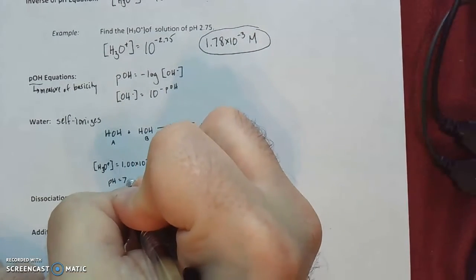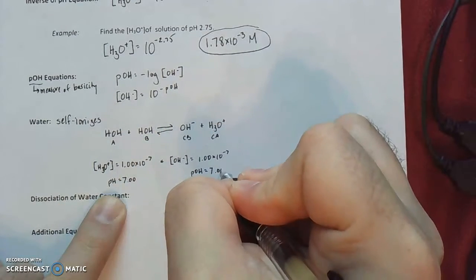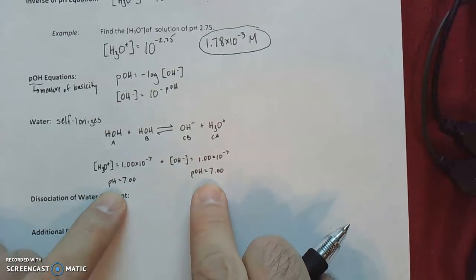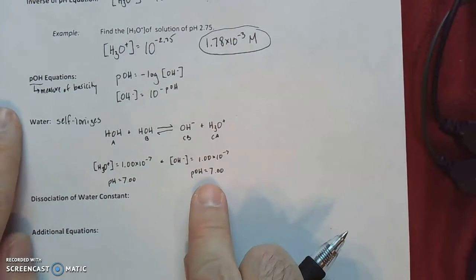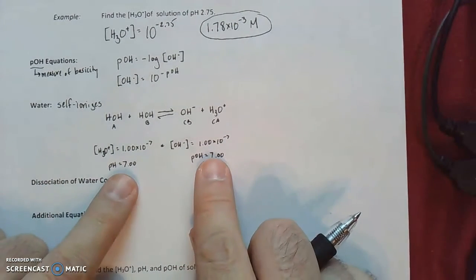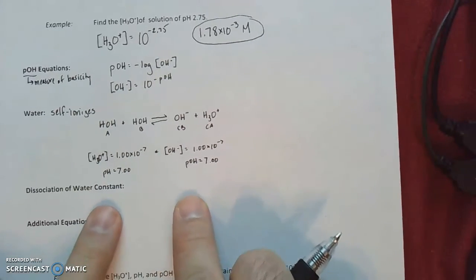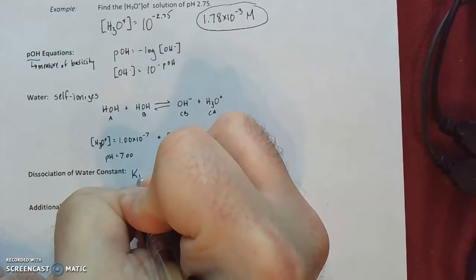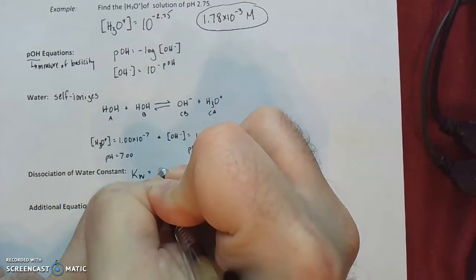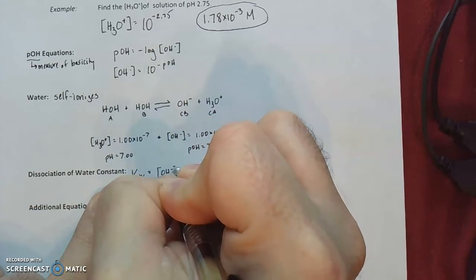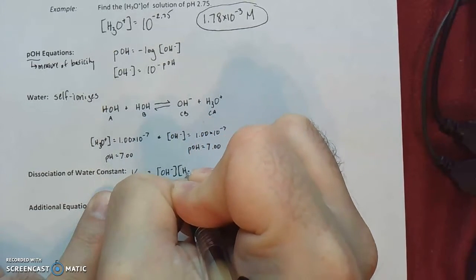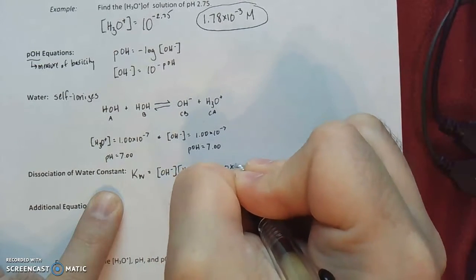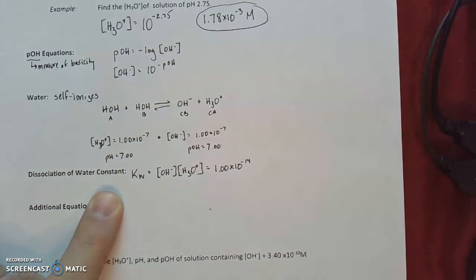So that means that we have a pH or pOH of 7. So water is considered a neutral substance. And because of this fact, we end up with something called the dissociation of water constant, which is called Kw, and it is equal to OH minus times H3O plus, which is equal to 1.00 times 10 to the negative 14th.